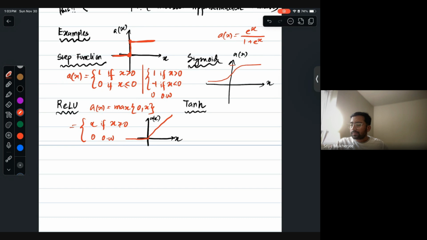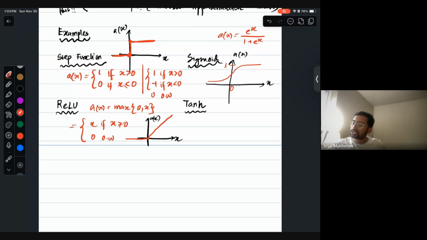It's between 0 and 1. Perfect. All of you got this sigmoid thing, guys? Again, these are basic nonlinear functions.